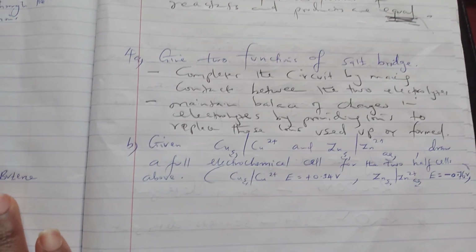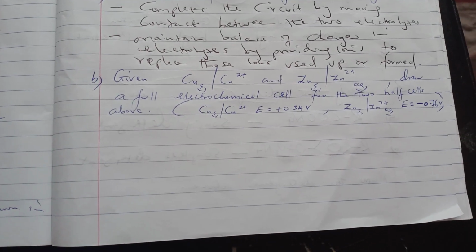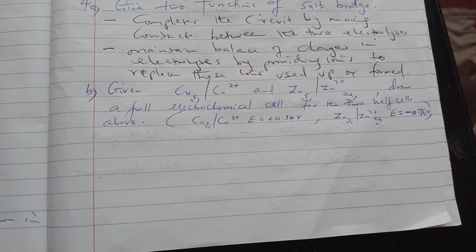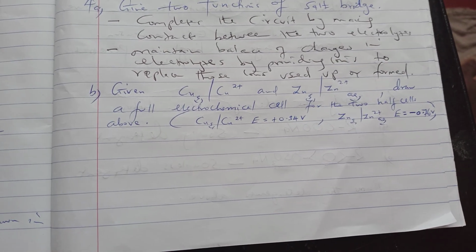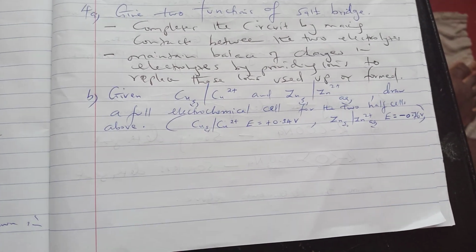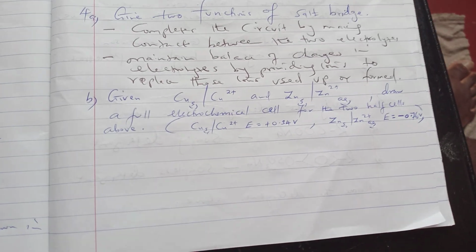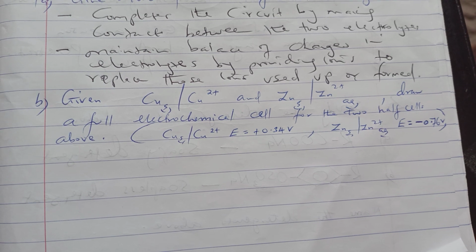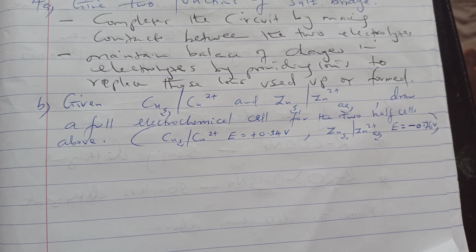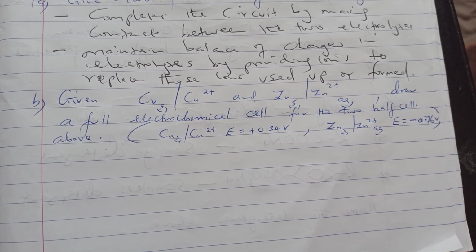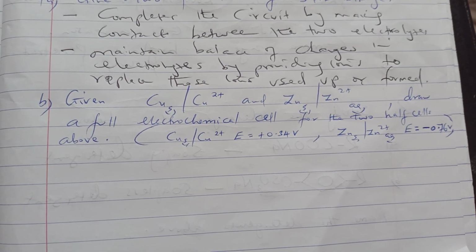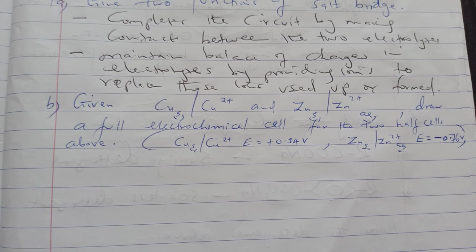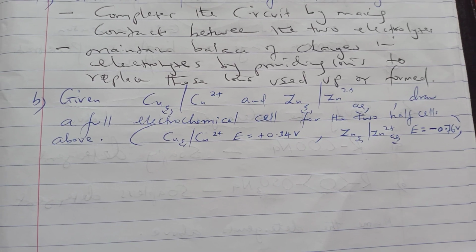And then part B says: given a copper half cell and a zinc half cell, draw a complete electrochemical cell for the two half cells above. You can see copper has a potential of positive 0.34 volts, zinc has negative 0.76 volts. For you to draw an electrochemical cell, you must always compare the two half cells.